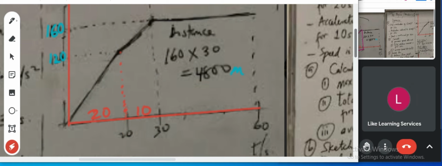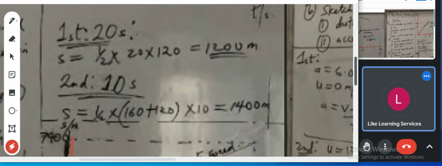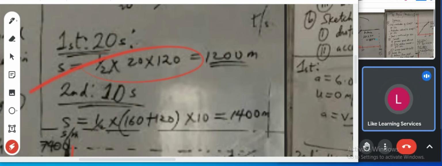So the first one is a triangle, half base times height, which is 1,200 meters. The second stage is a trapezium. If you're not seeing it, you can slow down a bit on the workings.